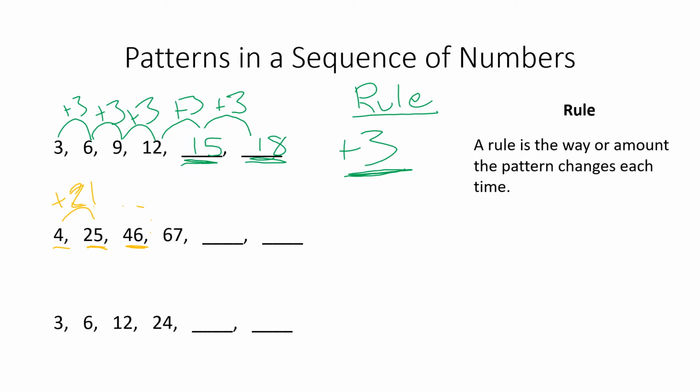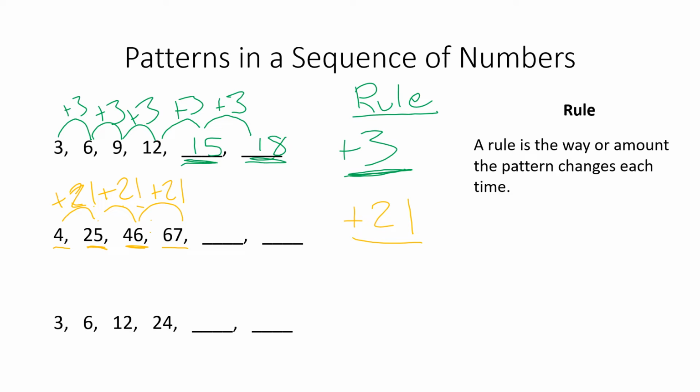So going from 25 to 46, I know that 25 plus 20 would be 45, and then that one more would be 46. So yes, it does follow plus 21. And then if I continue on, I know that 46 plus 21 equals 67. So I know that my rule is plus 21 for this sequence of numbers.